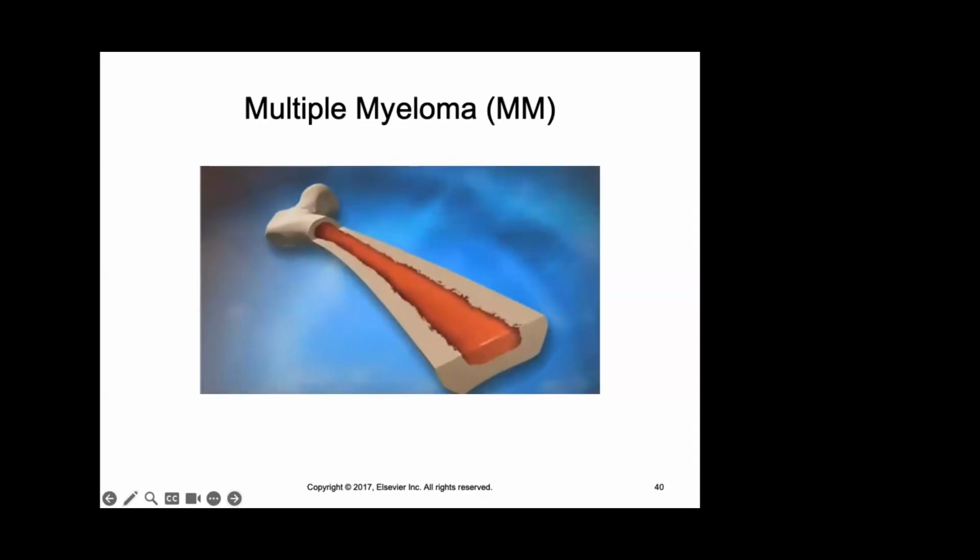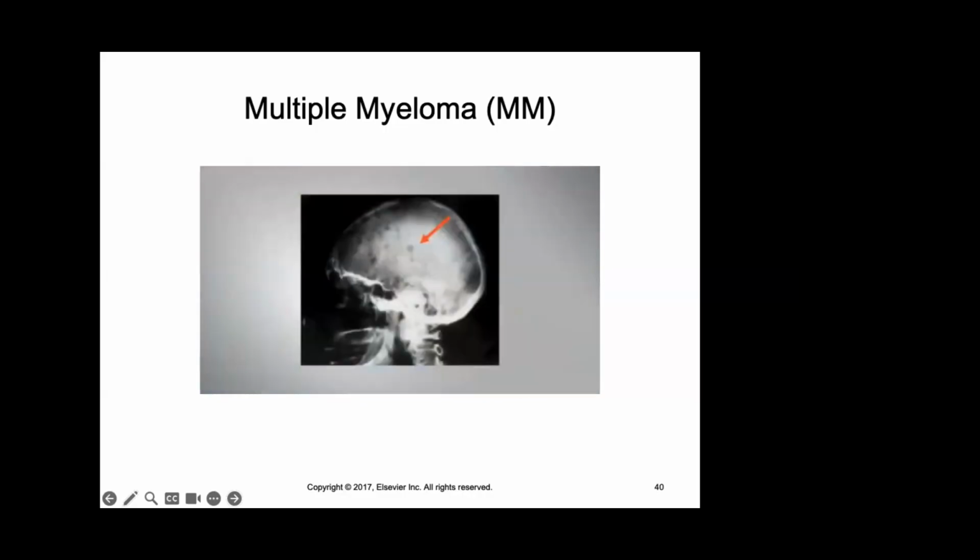Other features of myeloma include damage and erosion into the bones, what we call myeloma bone disease. Patients will sometimes have what we call lytic lesions or punched out lesions, and that is loss of bone structure as a consequence of the myeloma growth. Sometimes there's so much erosion, and as you know, the bones contain a lot of calcium, that a patient will have very high calcium levels, what we call hypercalcemia.